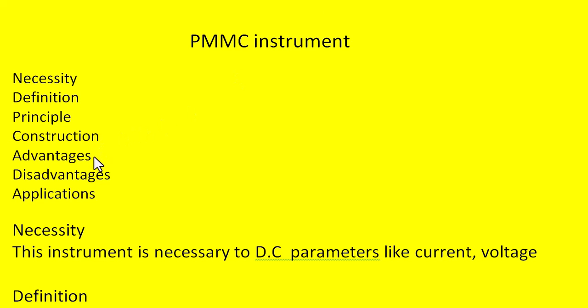Since here the coil moves in the permanent magnetic field, it is called the permanent magnet moving coil instrument. And we have seen the advantages, the disadvantages, and the applications of the instrument.